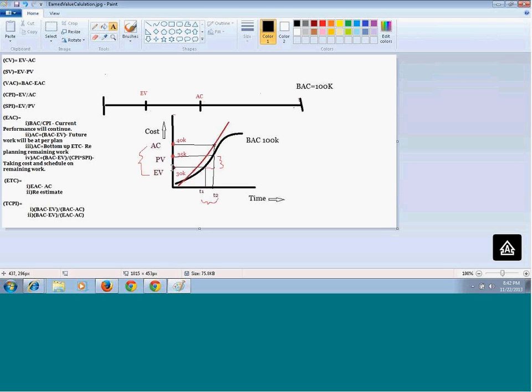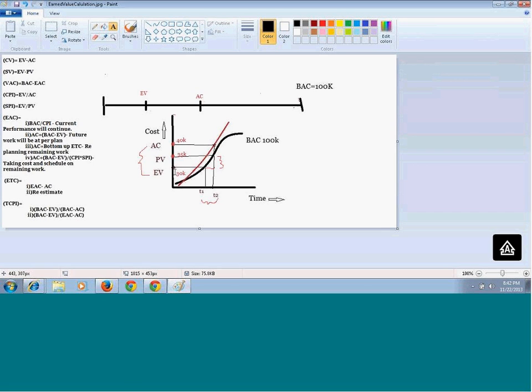This earned value is the value you actually completed as of today. So you were supposed to complete this particular amount of earned value work at time T1, but you took the time T2. So your activity actually delayed by T2 minus T1 time period.